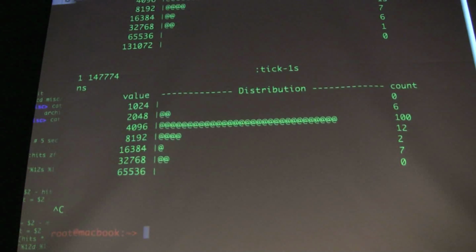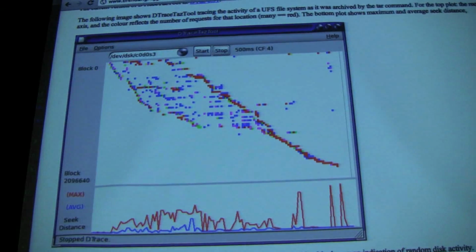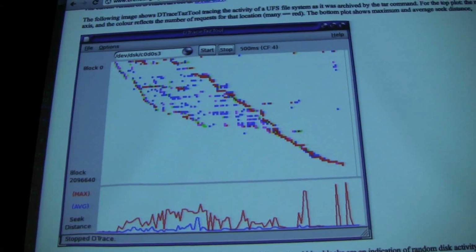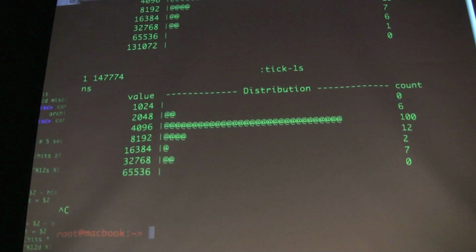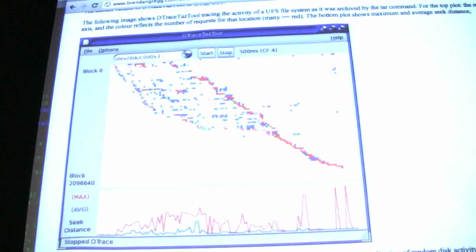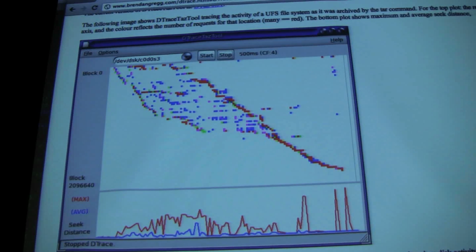And the marriage of that and heat maps became the latency maps. So if you can imagine taking this, although not a quantized distribution, but a linear distribution using L-quantize, so that you're doing the aggregation of all those scatter point plots inside the kernel where it's cheap to do so, and then you're passing that L-quantize down to user land, and each of those outputs becomes one column in the heat map.